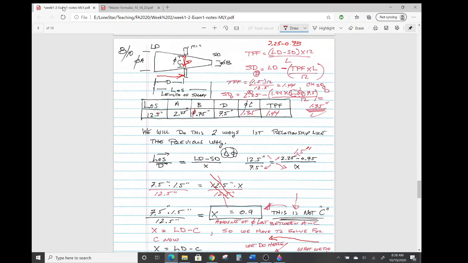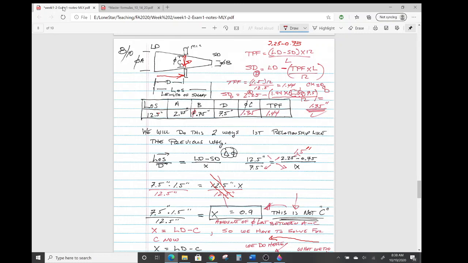So work the math out. 1.44 times 7.5 is 10.8, divided by 12. So that gives you 0.9. In here, this equals 0.9.